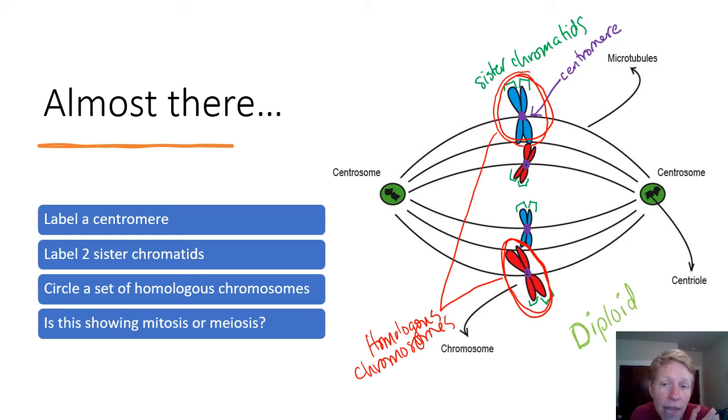At that point, the cell is already haploid. So I know that this has to be mitosis because I have a diploid cell that's going to be dividing into two, and the sister chromatids there are being pulled apart. We can't have a second division after that.